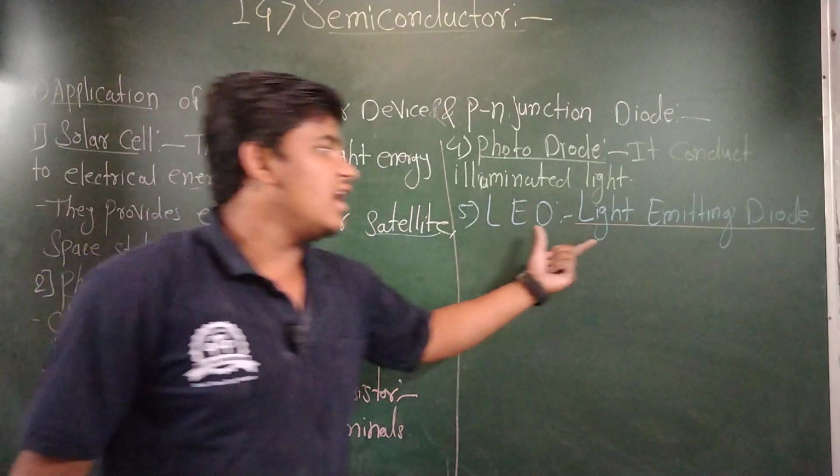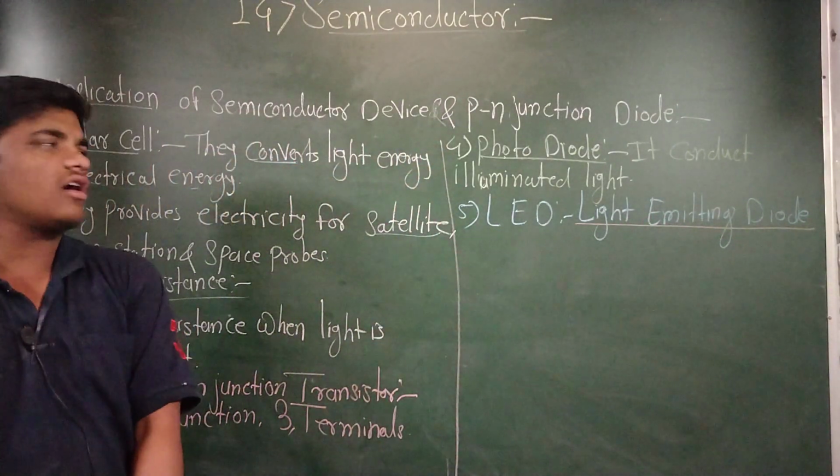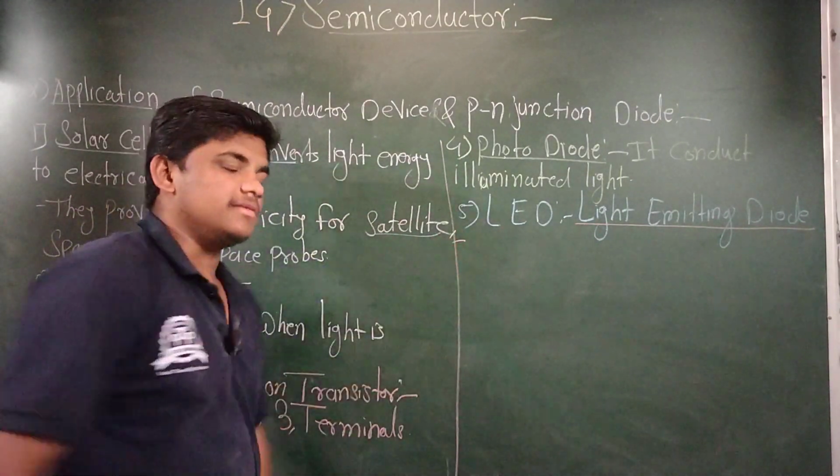The full form of LED is light emitting diode. This will be asked in an MCQ: what is the full form of LED? The correct answer is light emitting diode. It may be asked in competitive exams or in your regular college exams.